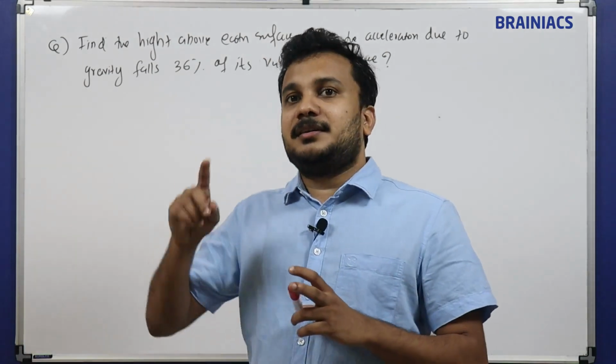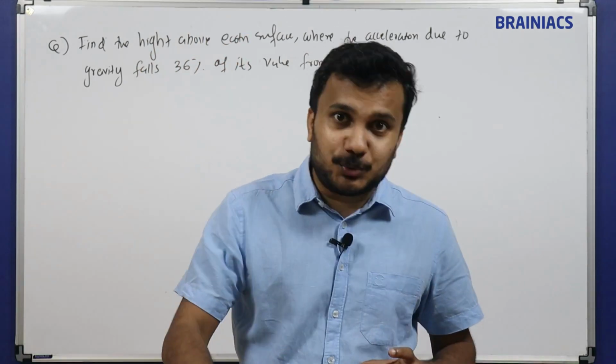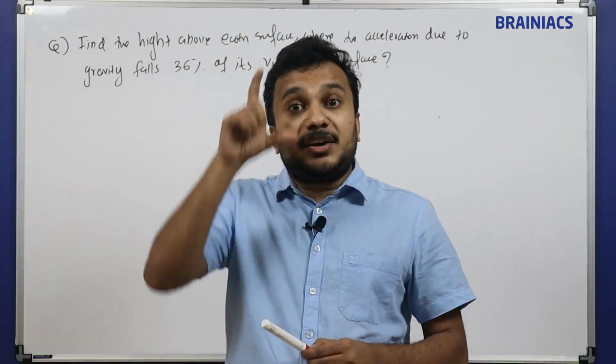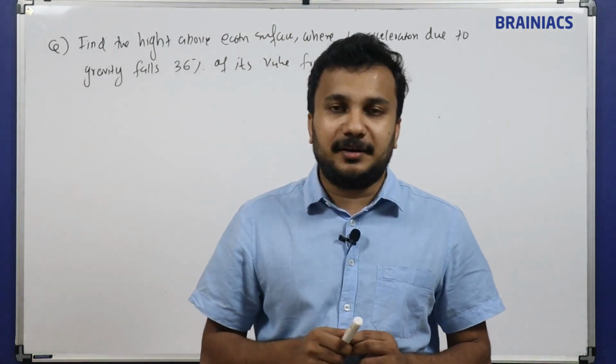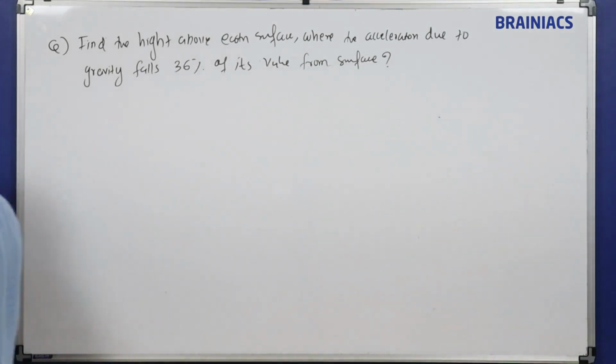Now if you go to a height, what will the value be? 6.4. So the question is asking at what height you get the acceleration due to gravity value reduced by 36%.